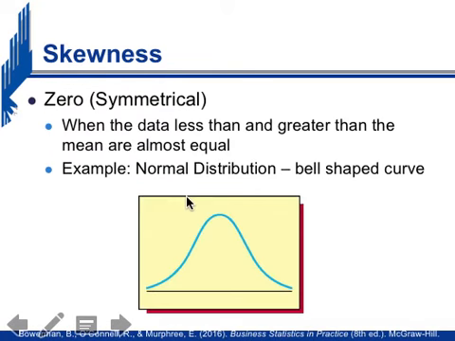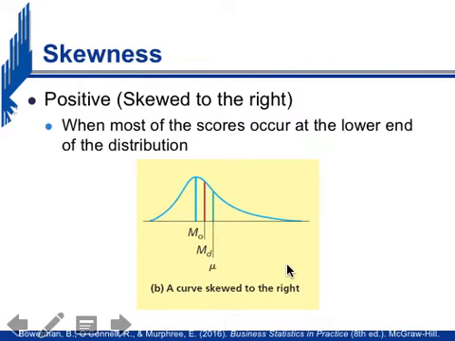So if the mean and the median are equal, it suggests that the distribution of the dataset is symmetrical. And here is an example. It's a normal distribution that's bell-shaped and symmetrical. Now, if you compute the skewness coefficient and you get something that's positive, then it says that the distribution is skewed to the right.